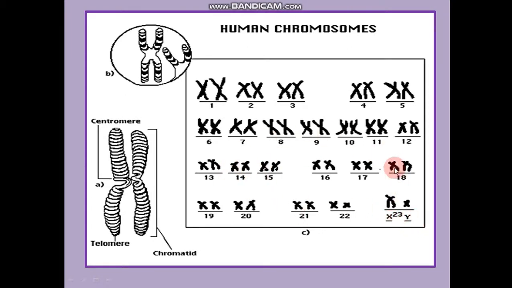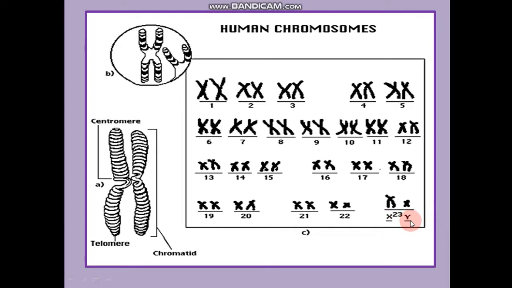This is also an ideogram, and this ideogram is of a human male. You can see the first chromosome is the largest: 1, 2, 3, 4, 5, 6, 7, 8, 9, 10, 11, 12, 13, 14, 15, 16, 17, 18, 19, 20, 21, 22. All are chromosomes, but the last one is the sex chromosomes, the X and the Y. So this ideogram belongs to a human male.